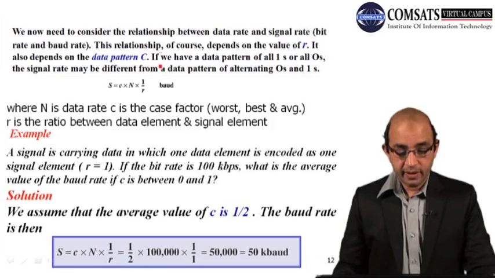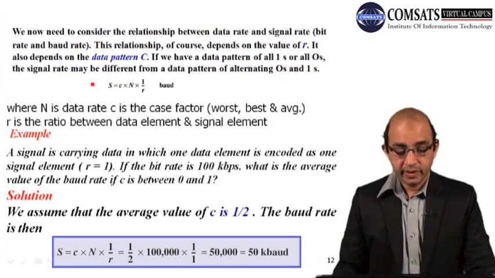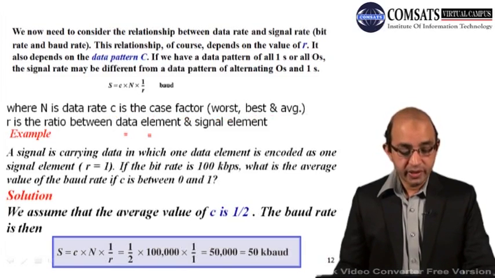If we have a data pattern of all ones or all zeros, it may be different from a data pattern of alternating zeros and ones. So here is the relationship: S equals C times N times 1 over R. R is the ratio, N is the data rate, C is the case factor, worst, best, and average. And R is the ratio between data element and signal element.